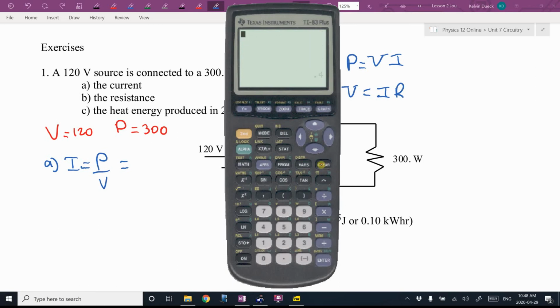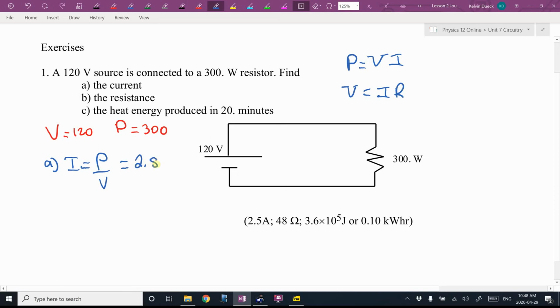Did that exactly backwards, Mr. Dueck. 300 divided by 120. Should I restart the video? No, I make dumb mistakes. I'll leave this in the video. How about 2.5 amps? I guess that also means, by the way, another unit for current is watts per volt.